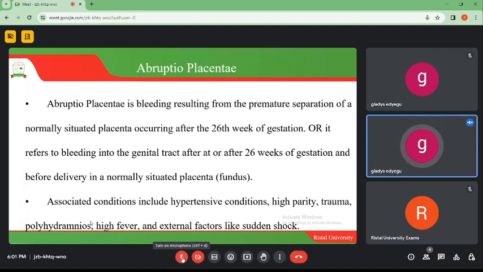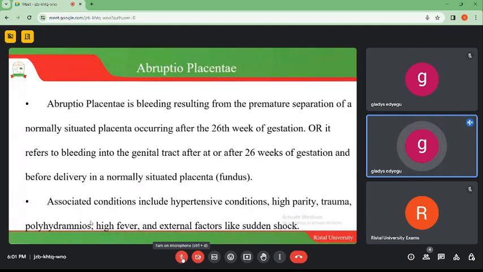So fundus in brackets means the upper part of the uterine segment. So the fundus is that top part of the uterus. Then down is the lower segment. So when the placenta is located at the fundus, that is the upper part of the uterus, it is normally situated. But previously we talked about placenta previa.